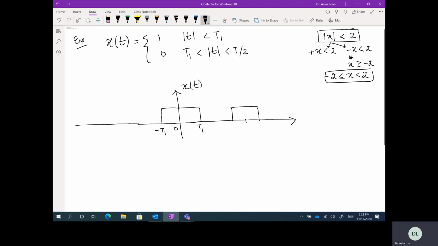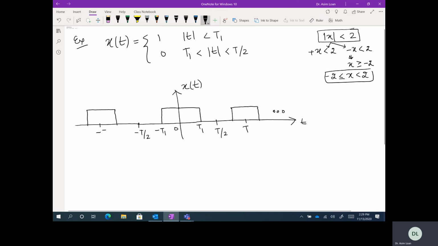It has the same height. There's a T by 2 over here, a minus T by 2 over here, and this one is over here too.